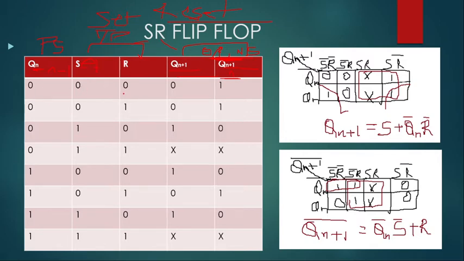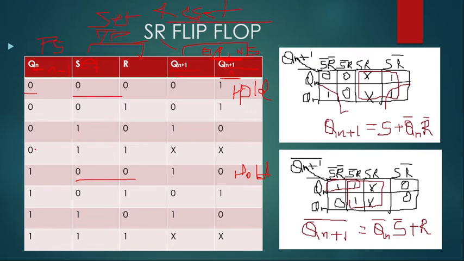Here two conditions are there when S and R are 0 0. In basic working of SR latch or SR flip-flop, when the inputs are 0 0, at that time hold state is there. It is the hold state or the memory state. That means whatever output is stored in the previous state, it will be given back to the present state or the next state. Here Qn is showing the present state or the previous state.